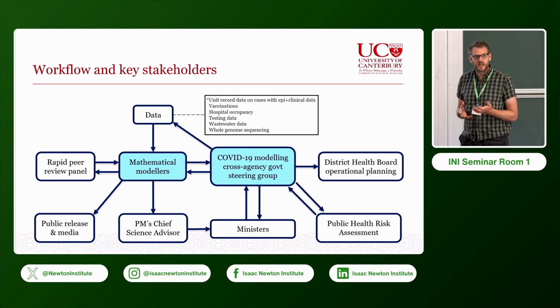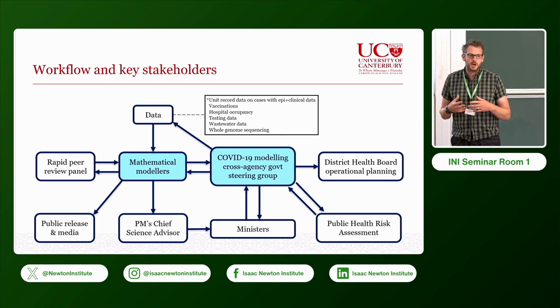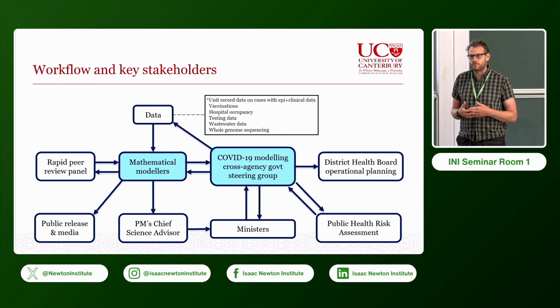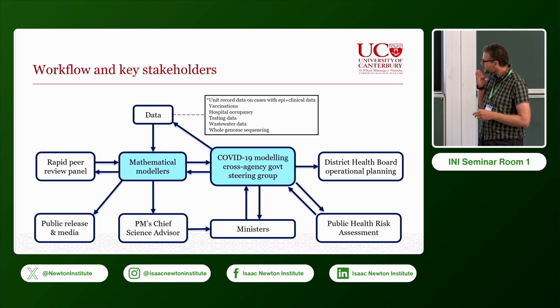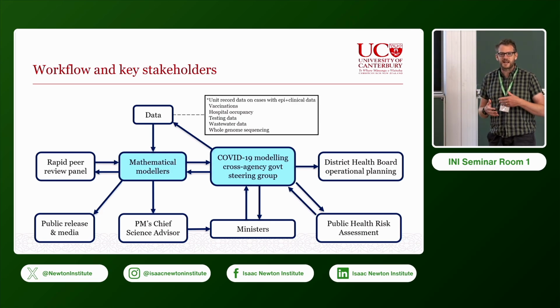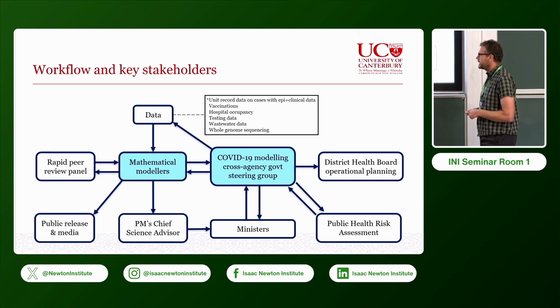They would give us rapid feedback, peer review comments on draft reports and draft modelling descriptions before we would give a final version to government. That, I think, was quite important in getting some quality control, some peer review on the work we were doing in real time as we were doing it.